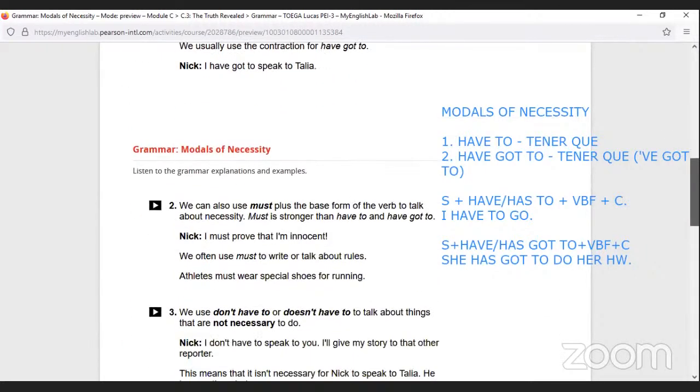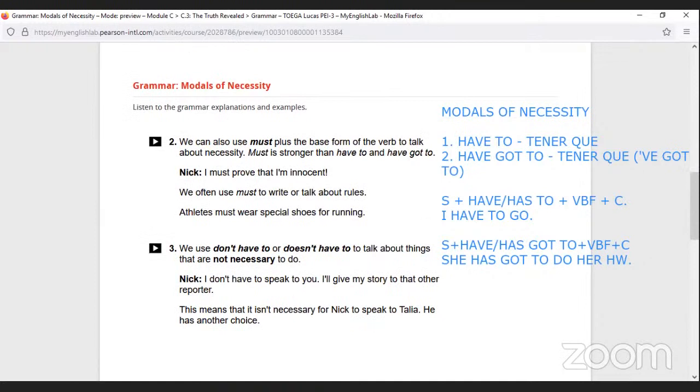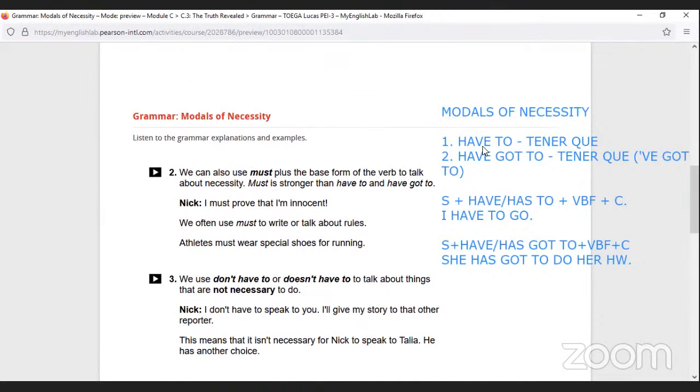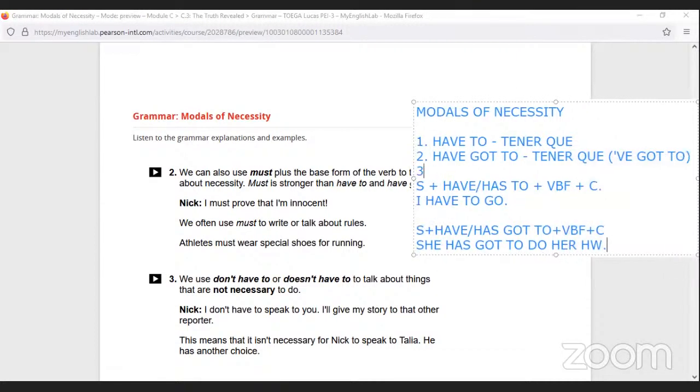So do we have another one? We have this third one, named must.